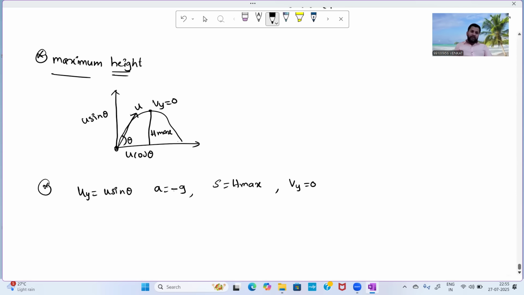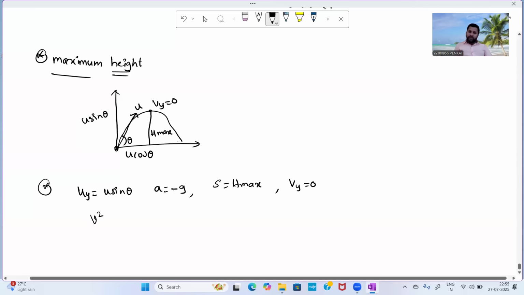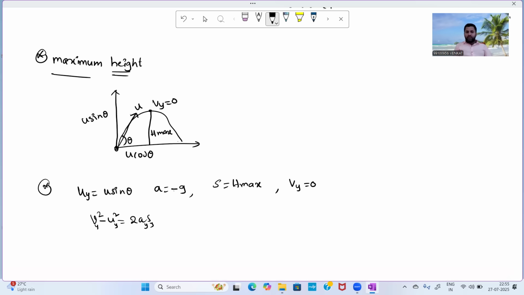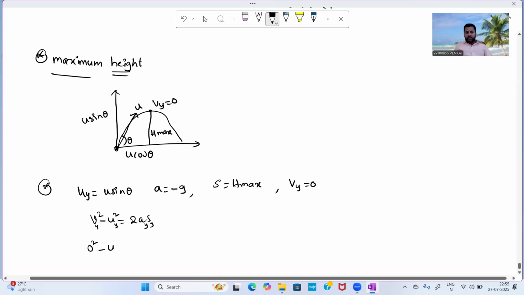Which equation can we write here? The third kinematic equation: v square minus u square equals 2as. We are considering the vertical component, the y-axis. Then vy square is zero square, minus uy square equals 2 into minus g, and s is h maximum.